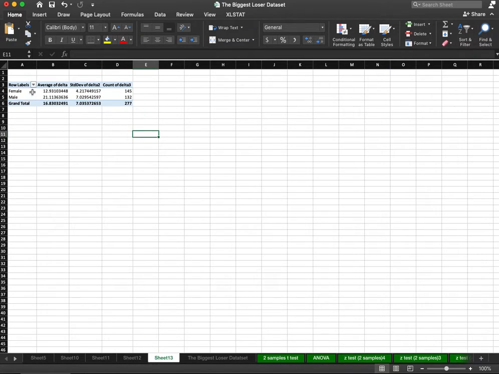So in order to get a z value from this, my formula is going to be group 1 minus group 2 divided by the square root of sigma squared over n plus sigma squared over n. A little complex.